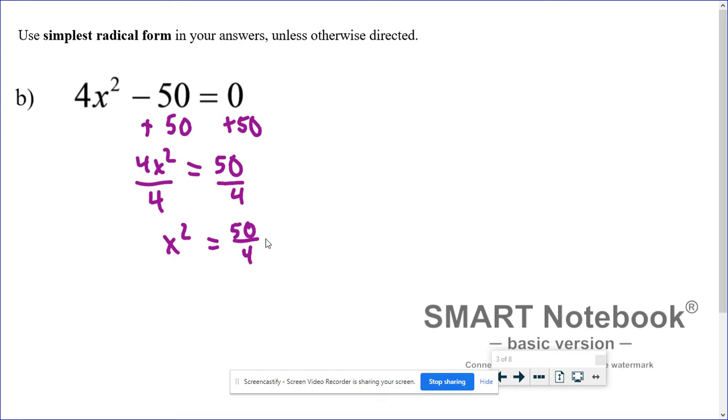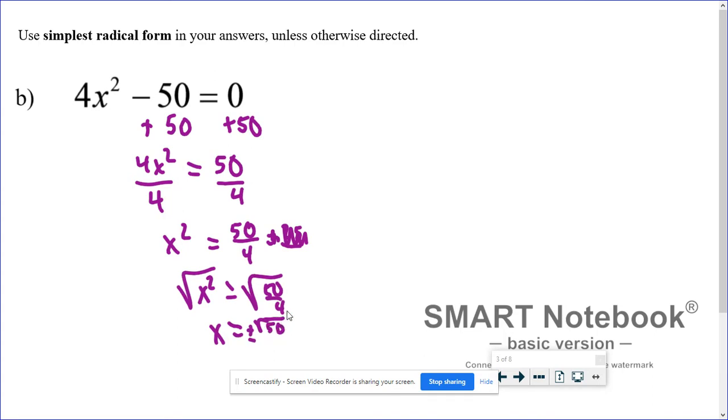I'm going to simplify that fraction and make it 25. Actually, you know what? It's actually going to be easier if I don't simplify that fraction, oddly enough. We're going to take a square root of both sides. And I end up with x is equal to plus or minus square root of 50.